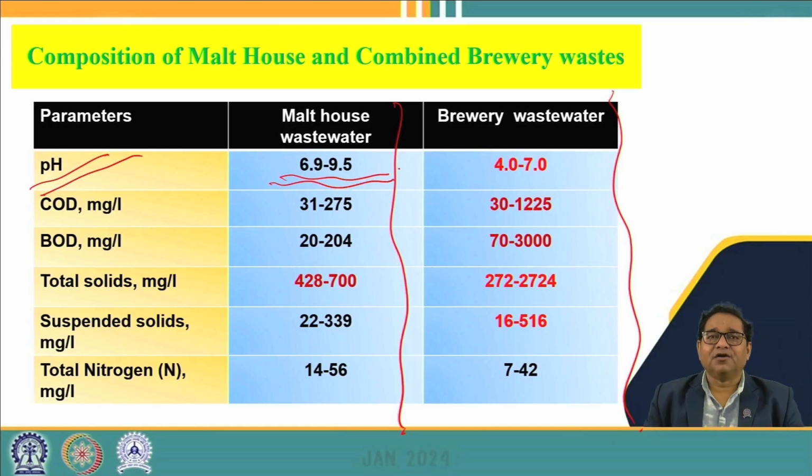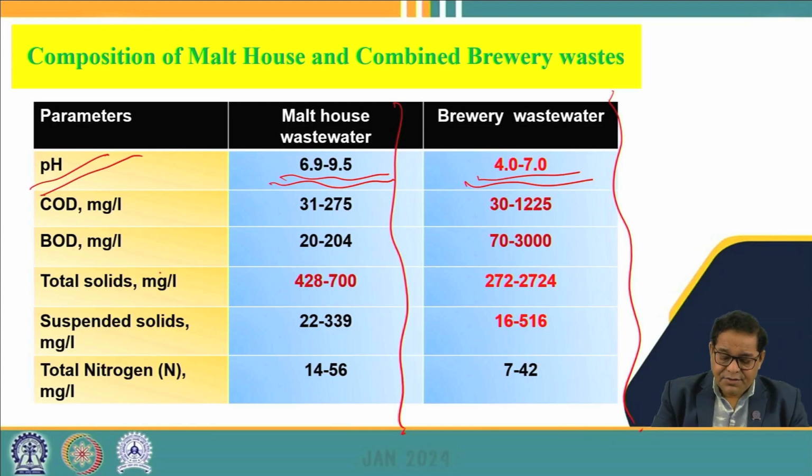In the malt house, the wastewater is slightly alkaline in nature, with pH varying from 6.9 to 9.5. Whereas in the brewery sections, the wastewater is entirely different. It is slightly acidic wastewater.